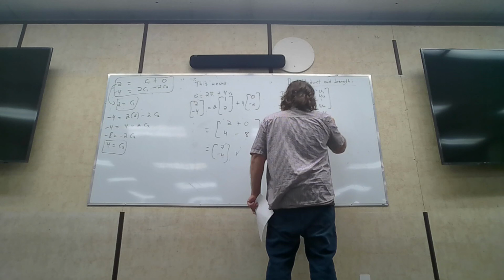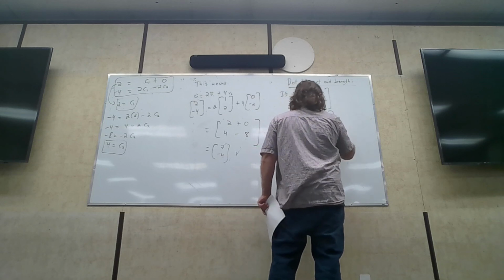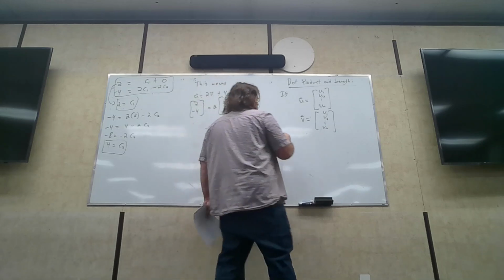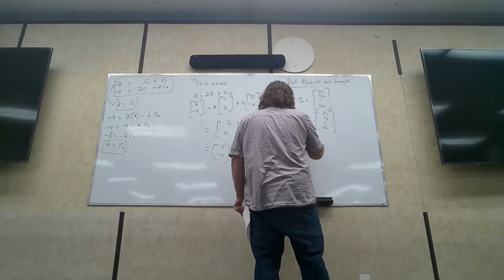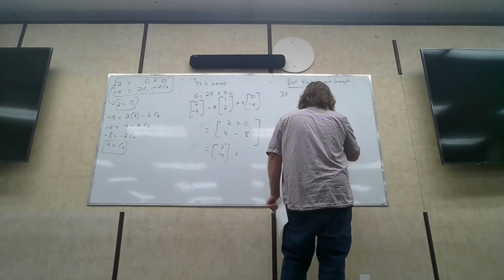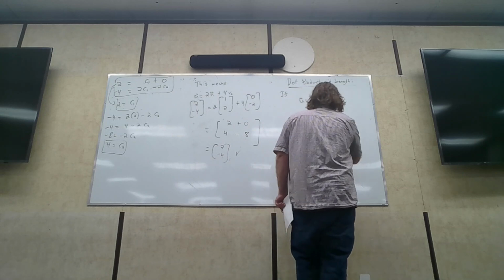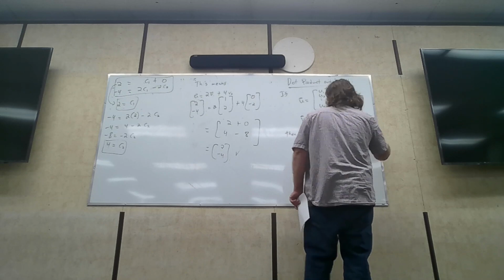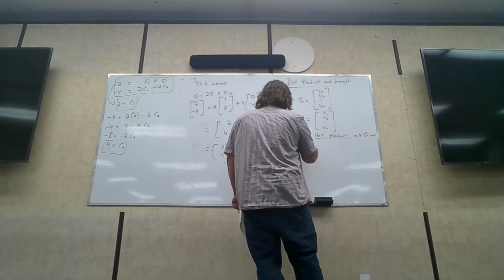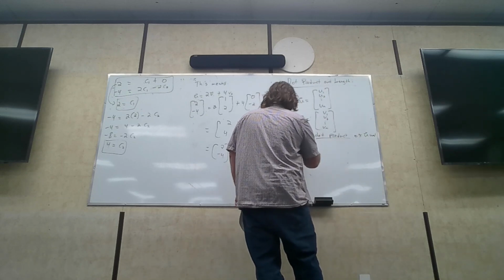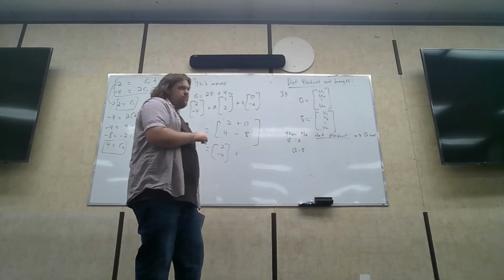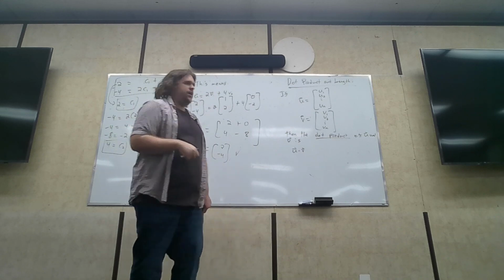So we've got two vectors in Rn, because it doesn't matter what dimension we're talking about. Then the dot product of U and V is, we use a dot, so it's called the dot product.